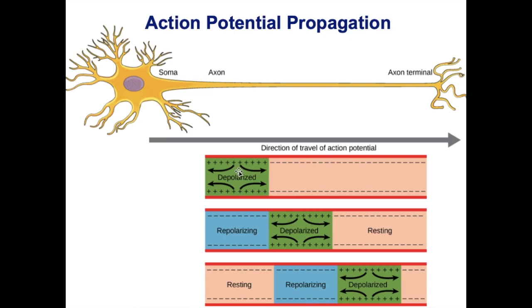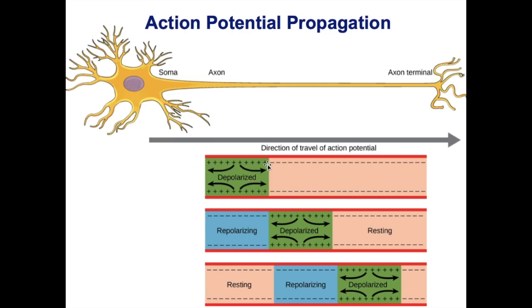This depolarization spreads just because the ions are diffusing, and they may or may not be high enough a concentration to activate nearby sodium channels to thresholds so that they can also cause a rapid depolarizing event right in this region. And what this image is depicting is the direction through which the action potential is traveling down the axon.